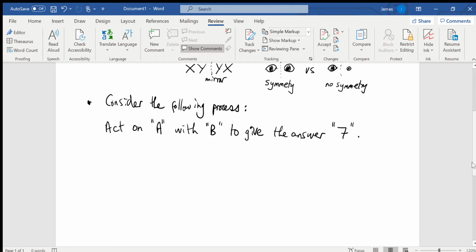Let's do it again. Then let's act on 7. So let's repeat the process on the outcome of the first process. Let's act on 7 with B again. And let's say, and I'm not saying you should predict that this would happen, but let's say ahead of time that you get the answer 7 again.